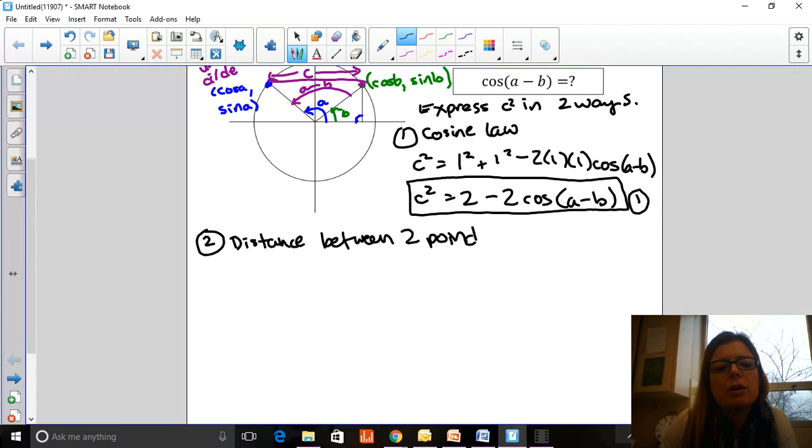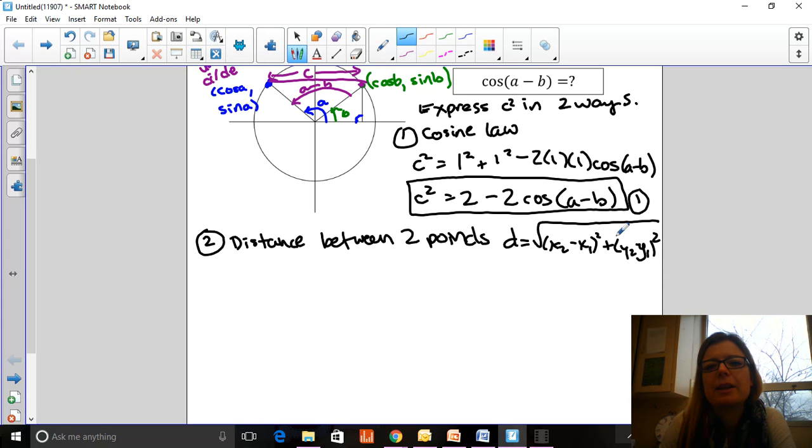If you recall, distance is equal to the long square root of x2 minus x1 all squared plus y2 minus y1 all squared. Remember that? It came from the Pythagorean theorem. We developed that on the Cartesian plane. I think you even had a communication question about why this formula works.